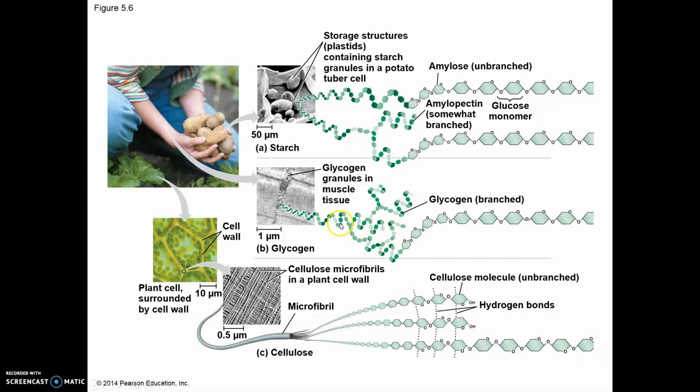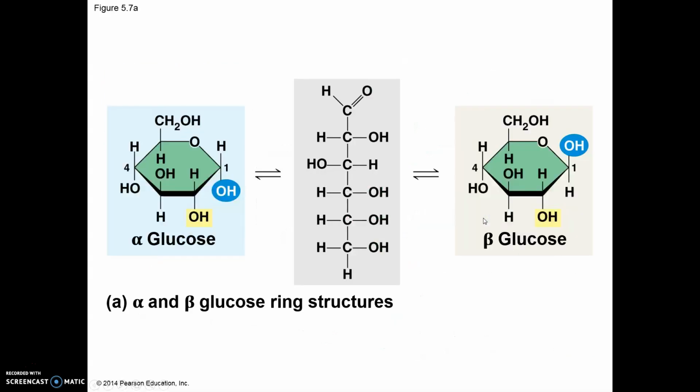The reason for that is when we build these molecules, the enzymes that do it are looking for a particular form of glucose. And remember, when we form a glucose ring, we have two options. We can form it in an alpha configuration with the hydroxyl below the ring, or in a beta configuration with the hydroxyl above the ring.